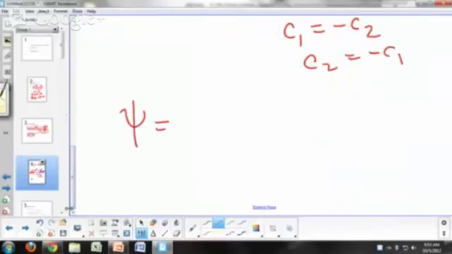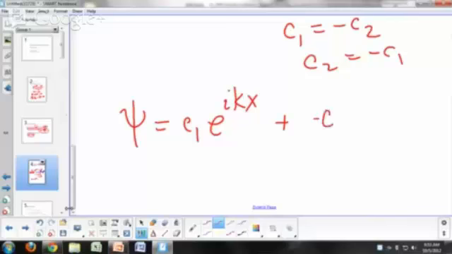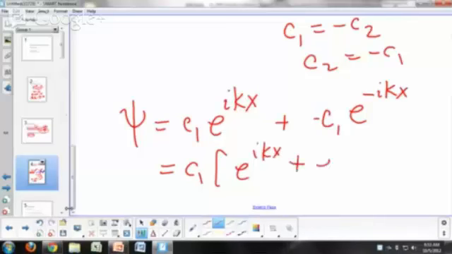Psi is going to be C1 e to the ikx plus, instead of C2 we write negative C1 e to the negative ikx. Well, we can factor out C1. That's e to the ikx minus e to the negative ikx.